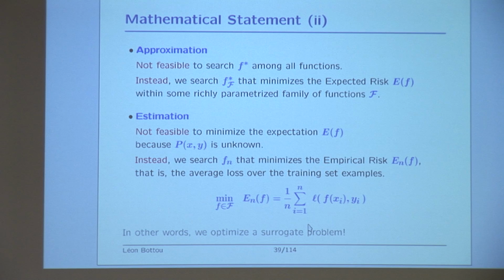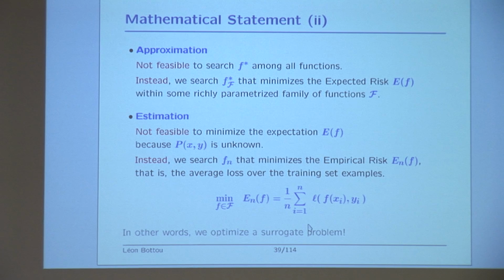And then we have problems. First is an approximation problem. It's not feasible to search f star among all functions. So instead, we search f star within a family F of functions that's richly parameterized. Could be extremely large, but still it's a more limited family.